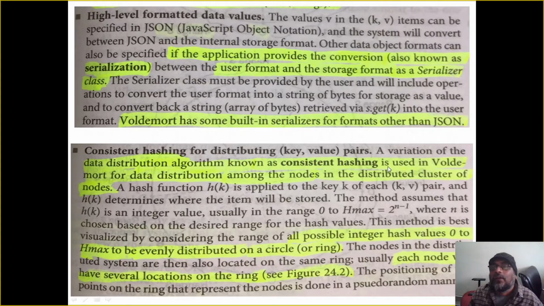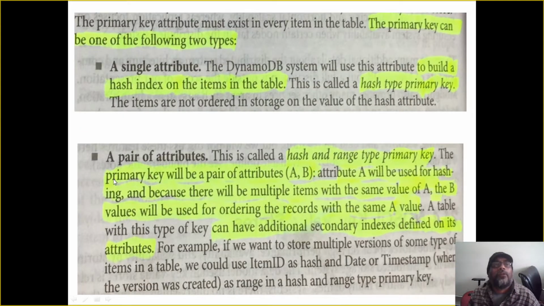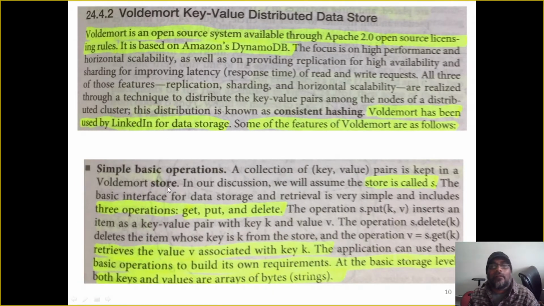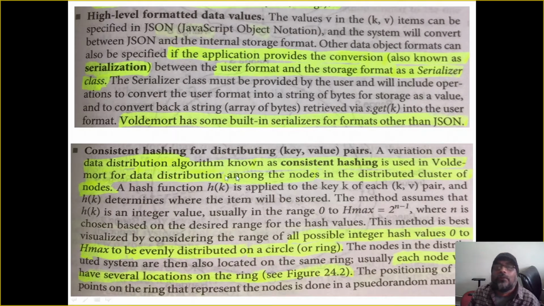So as consistent hashing is used in Voldemort, this algorithm has been used in this key value database, that was DynamoDB. This is proprietary of Amazon, and this is open source Voldemort.